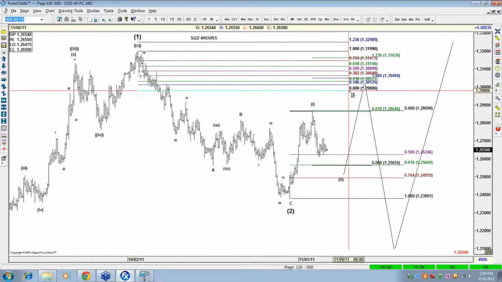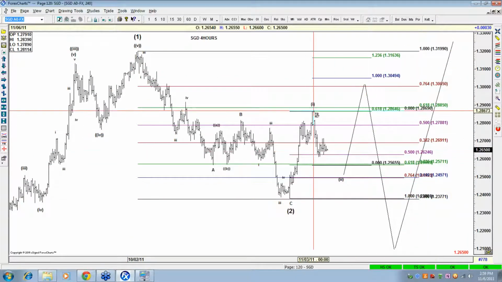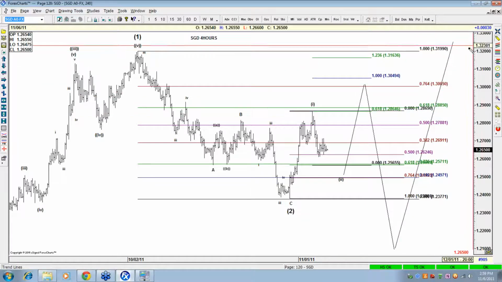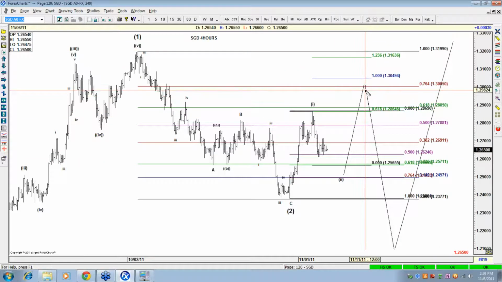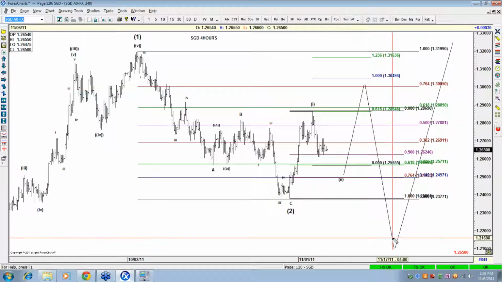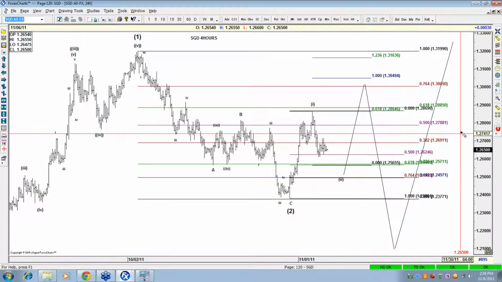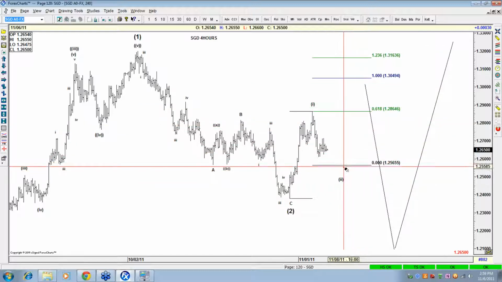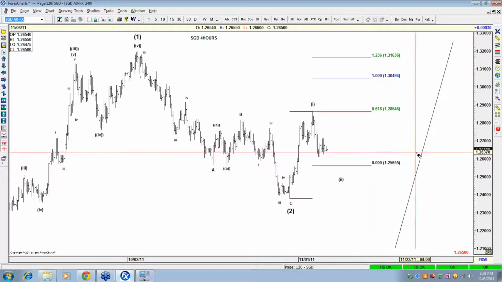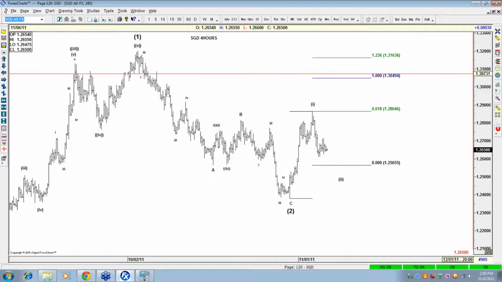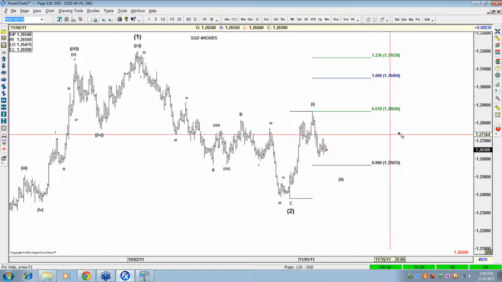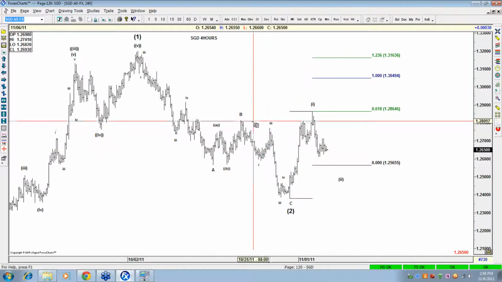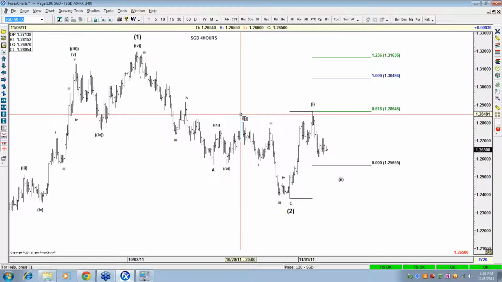Now, if you take a Fibo of this area, we are very close here to the 618, like the dollar. So maybe it goes to the 76.4 and bounces from the 76.4 on the downside. There is still a possibility, like I explained the other day, because as a trader you need to look at everything.